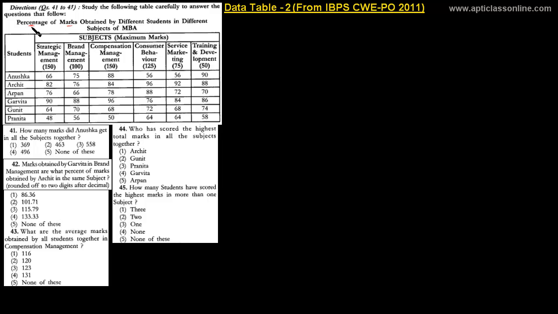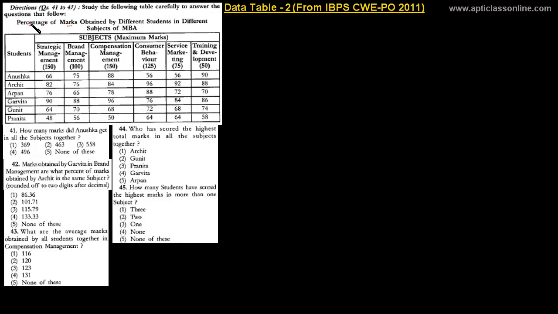Not the actual marks, but the percentage of marks obtained by different students in different subjects of MBA. In the column 1 itself, the names of the students are given: Anusha, Archita, Arpan, Garvita, Gunita, and Pranita. And then in subsequent columns, the subjects with the maximum marks of MBA are written.